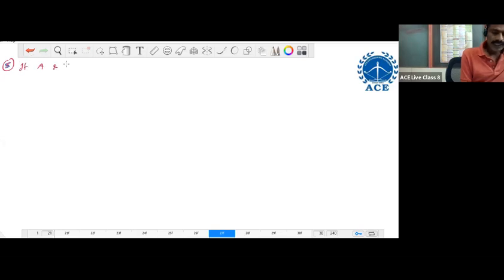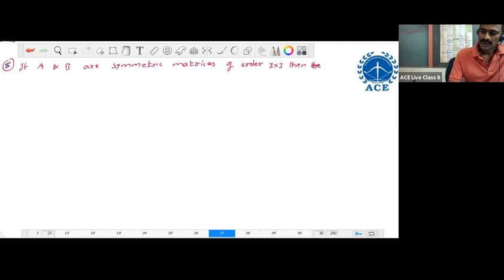If A and B are symmetric matrices of order 3 by 3, then consider the following.